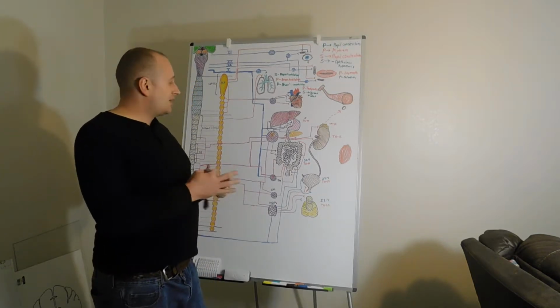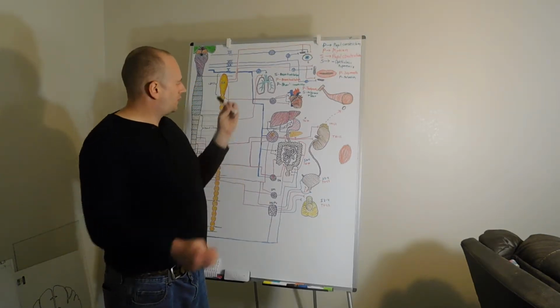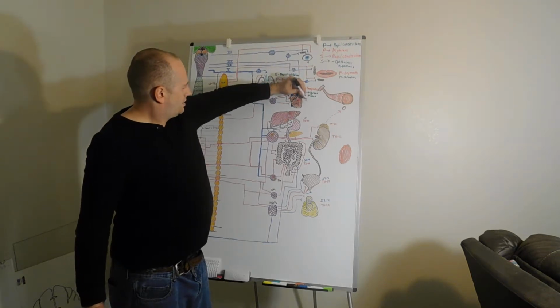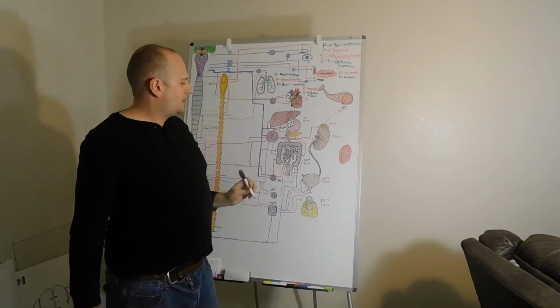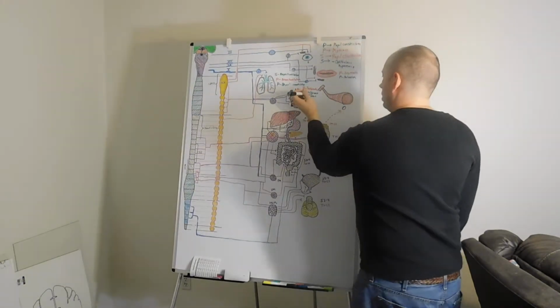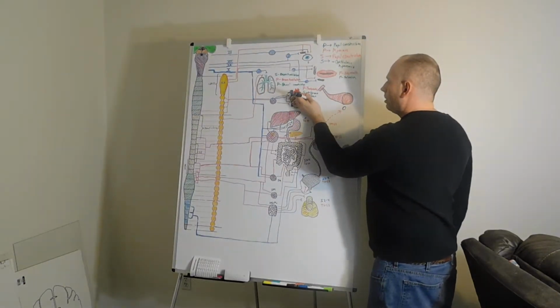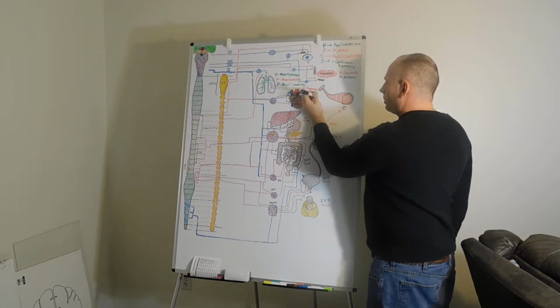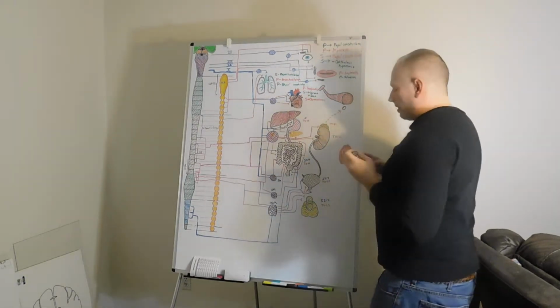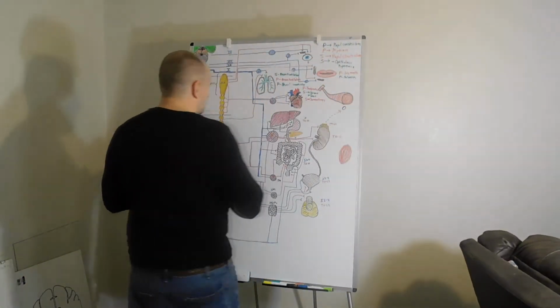Then you have beta blockers, which we have to put a red S here. That decreases chronotropy, minus chrono.